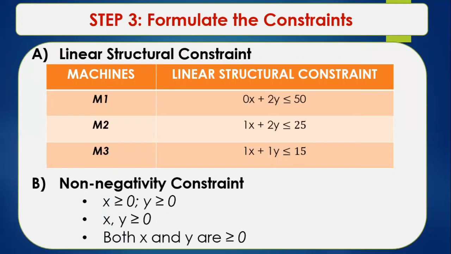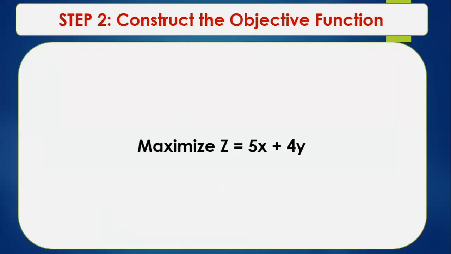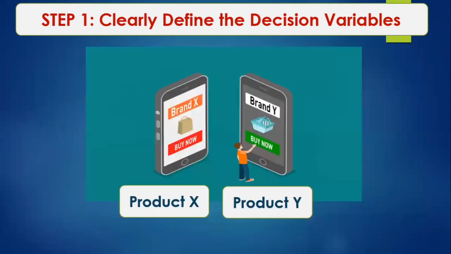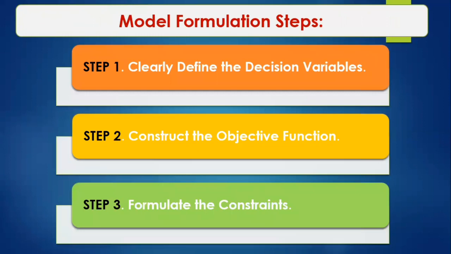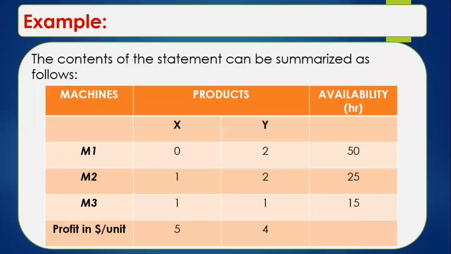With respect to machine 1, our first linear structural constraint would be 0x plus 2y less than or equal to 50. Because if we go back to our tabulation as to how we come up with those numbers and constants, as you can see, it should be 0x with respect to machine 1.